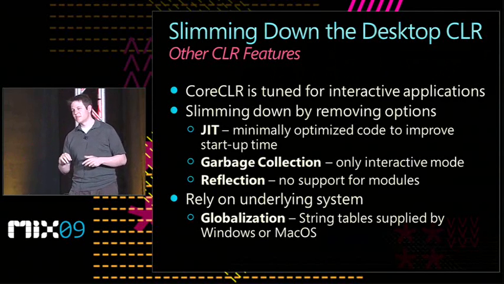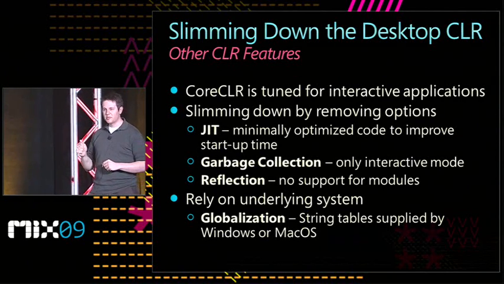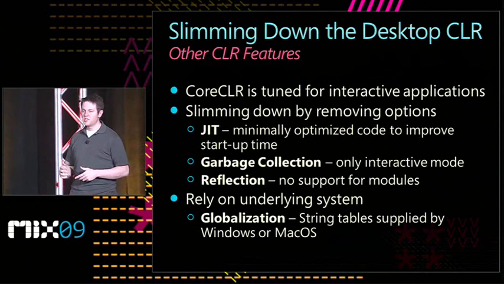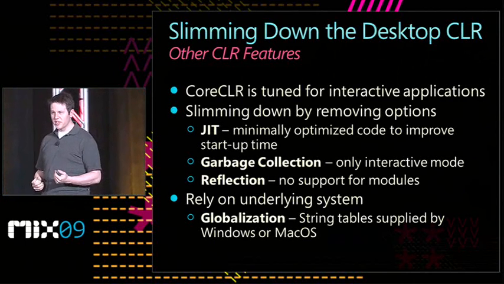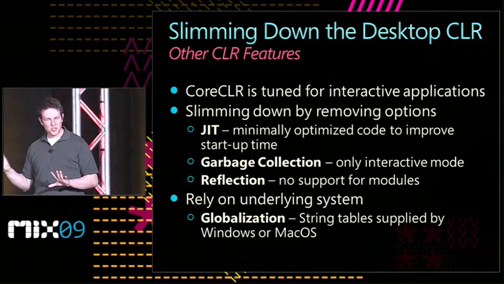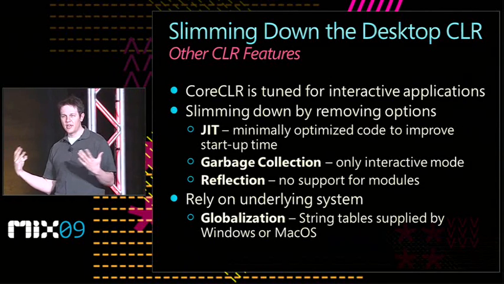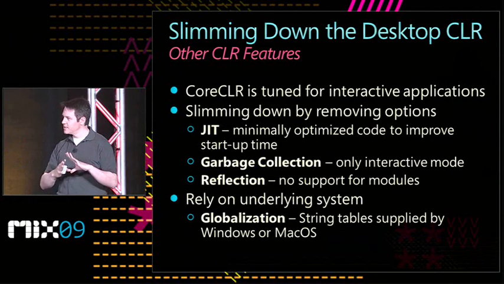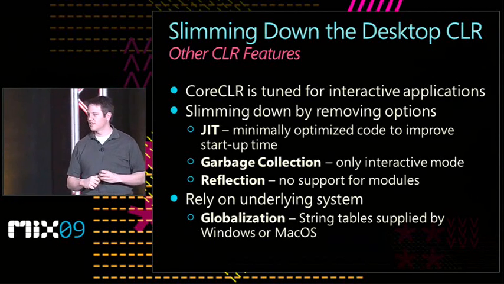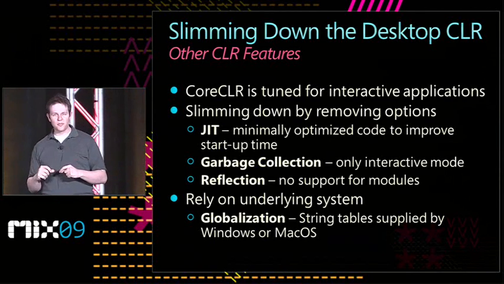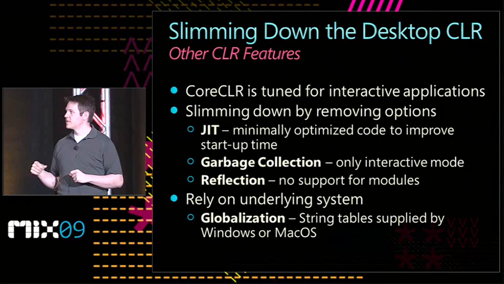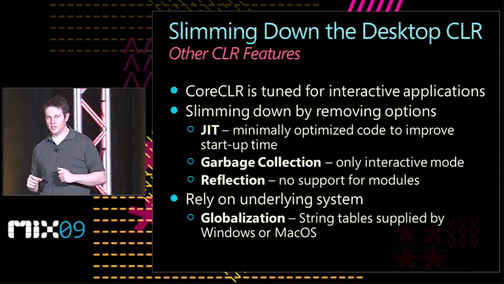And so this gives us the ability to optimize for load time performance in that interactive scenario. In garbage collection, we have two different sets of tunings on the full framework, the server scenario and the interactive client scenario. So in Silverlight, we only have the interactive client. In reflection, there are a few features that we removed, such as removing support for modules.